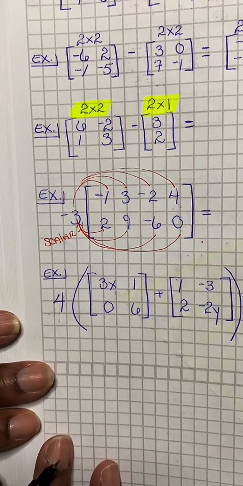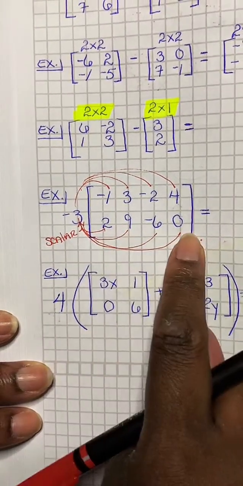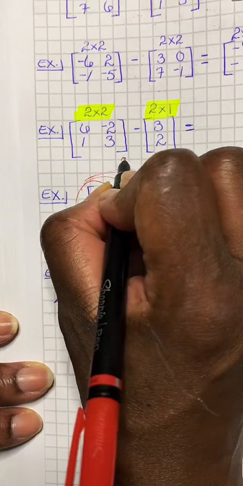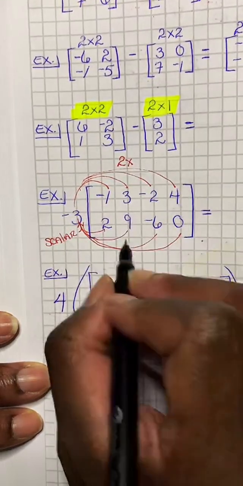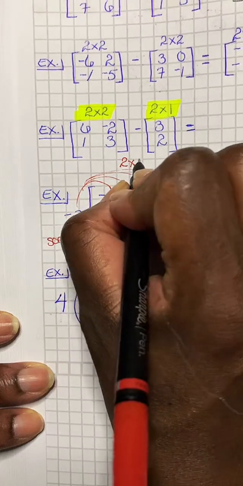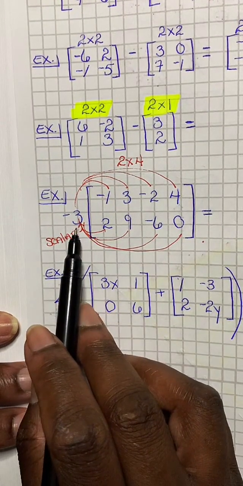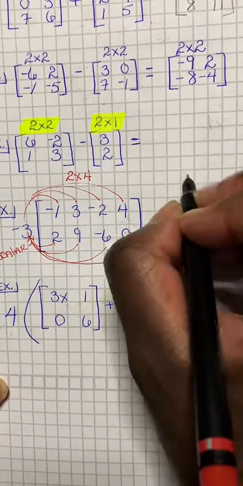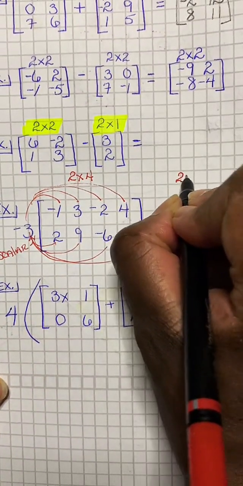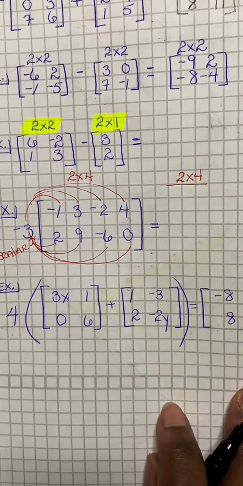Okay, that's all you're doing. Okay, so I know this matrix is a 2 because there's 2 rows, but it has 4 columns. Although we have a scalar out here, it looks like we're still going to have a 2 by 4 matrix.